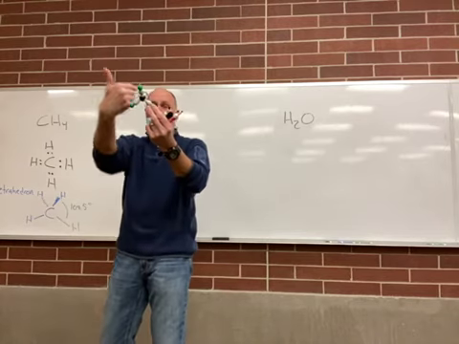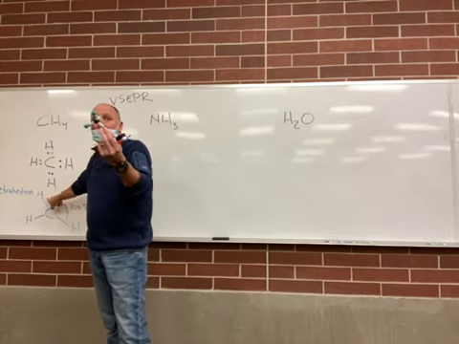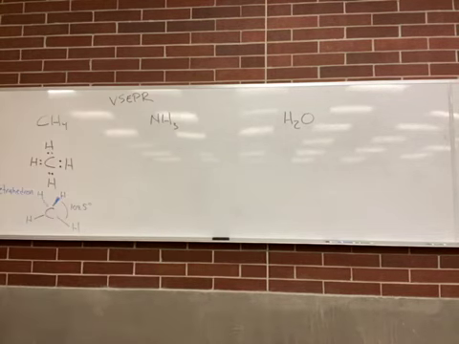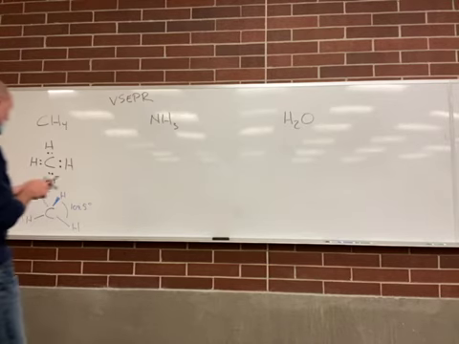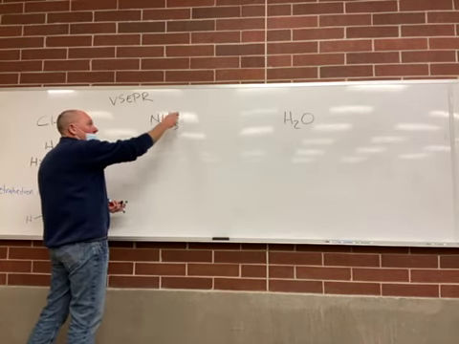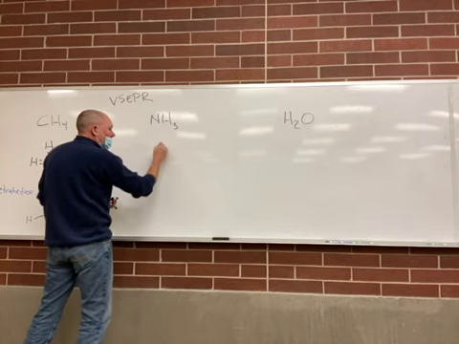And the one coming away from you towards me is the dash, this guy here. So how do we simulate three-dimensionality on a two-dimensional whiteboard? That's the best we can do, dashes and wedges. Now, when I get to ammonia, notice ammonia also has five, six, seven, eight electrons. So ammonia looks like this.